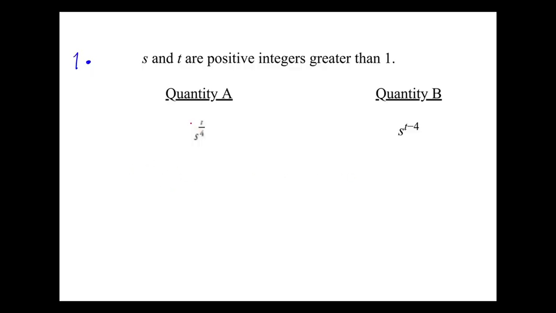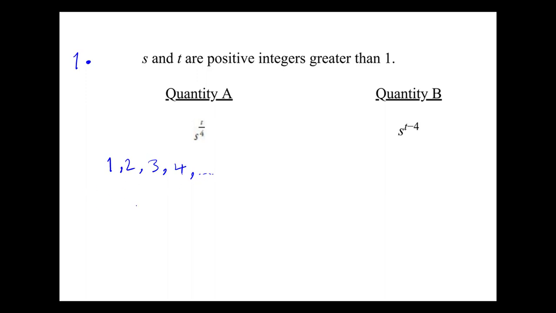Let's solve the first question. The question is a comparison of A and B: which one is bigger, or equal, or we cannot say anything about it. It says that S and T are positive integers. For those who don't know what positive integers are, they begin from 1, 2, 3, 4, the numbers for counting we use in everyday life.